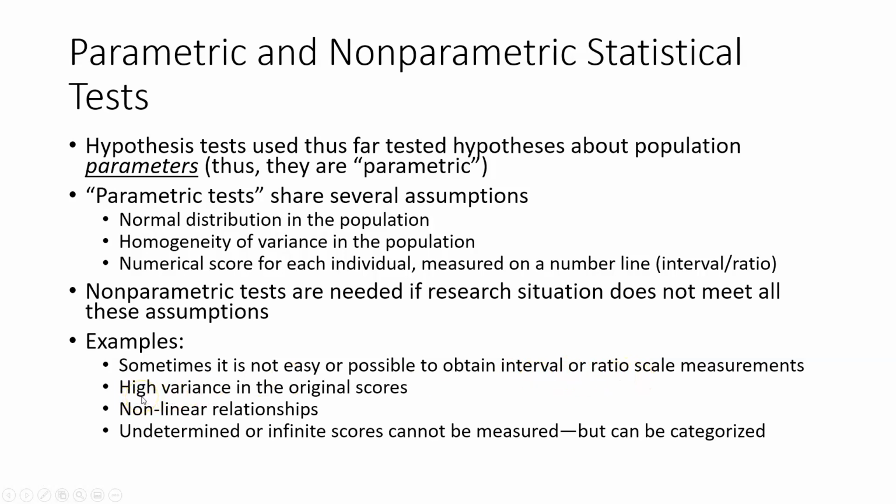If you had a situation where you had high variance in the original scores, then sometimes non-parametric tests deal better with those high variance situations. An example of this would be, as you recall from several previous modules, where the variance was so high in two different samples that the samples overlapped a great deal, the scores were overlapping each other.